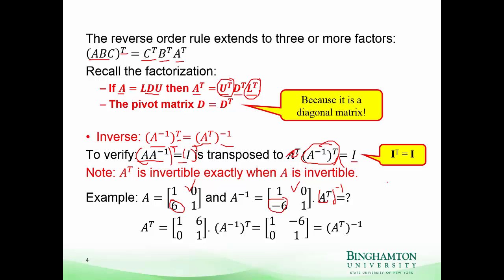Well, there's A transpose. A inverse transpose is just the transpose of the inverse, but we can also verify that it is the inverse of the transpose itself. So you can verify that easily enough.